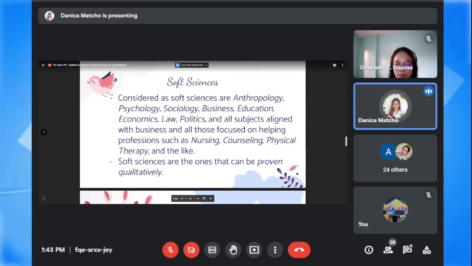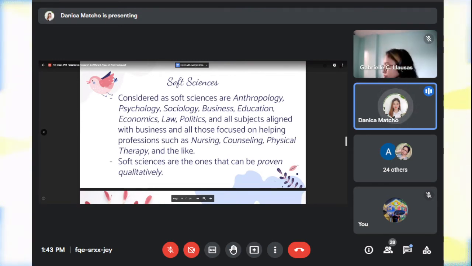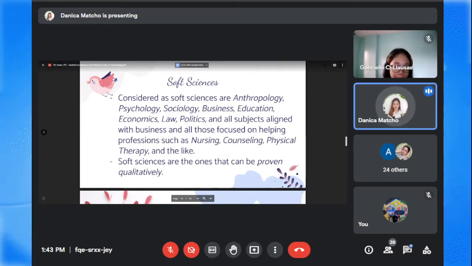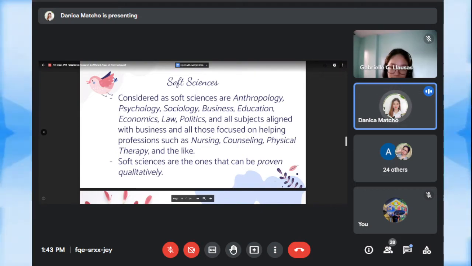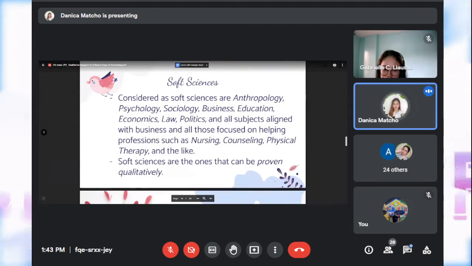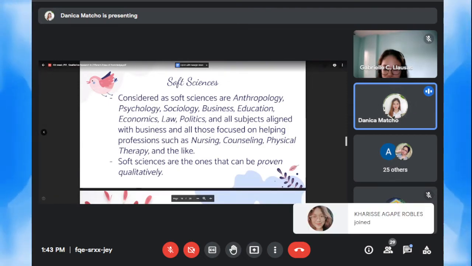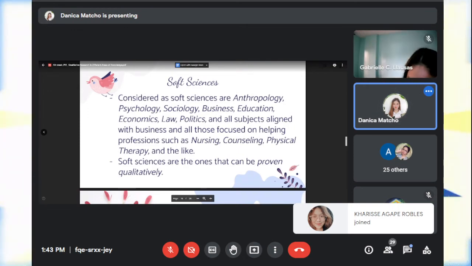You're going to present your data using those things. But here in soft sciences, things can be proven qualitatively. At kapag qualitatively, we are just using words. More on languages tayo. Ayun ang mga ginagamit natin. Are we clear with that? Clear tayo so far with soft science?